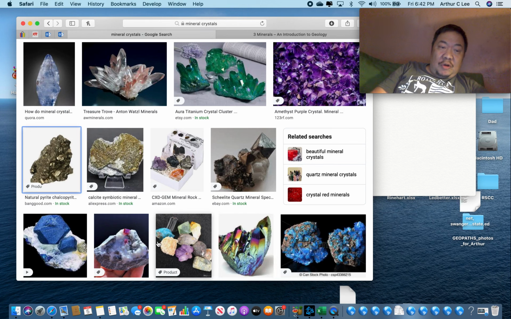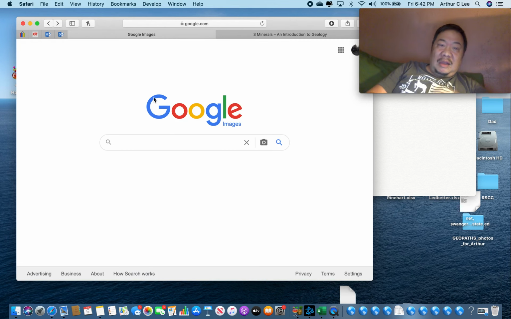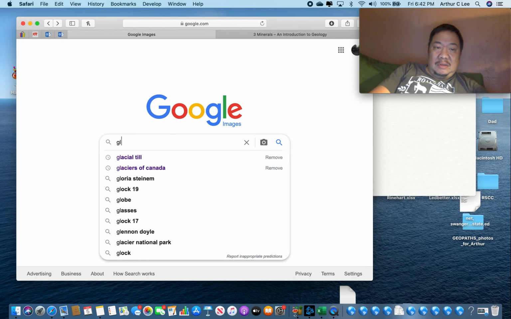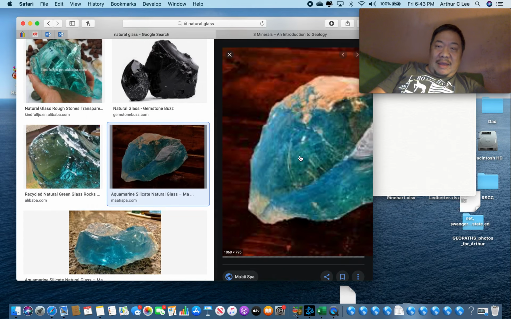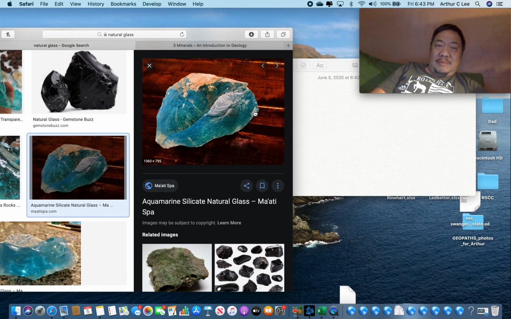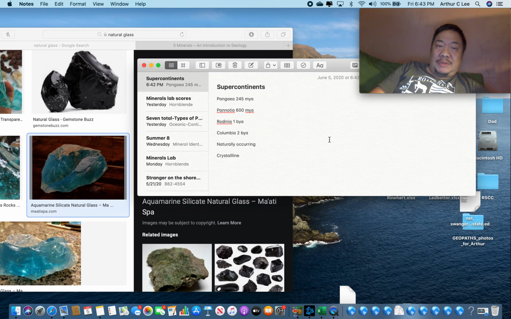So minerals grow to form crystals, which have flat faces and which meet at points. Glass looks like this. It doesn't have flat faces, and it doesn't come to flat faces that meet at a point. So is glass a mineral? No. Minerals have flat faces that make regular geometric shapes.